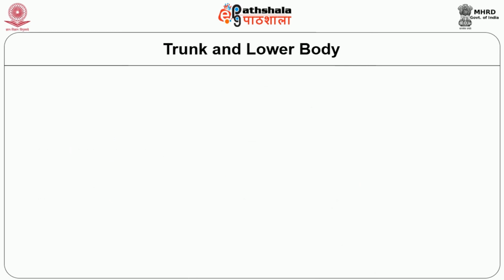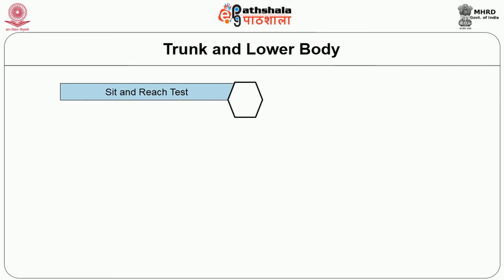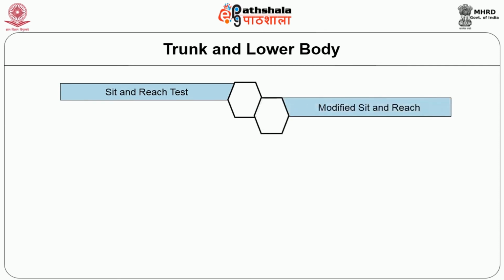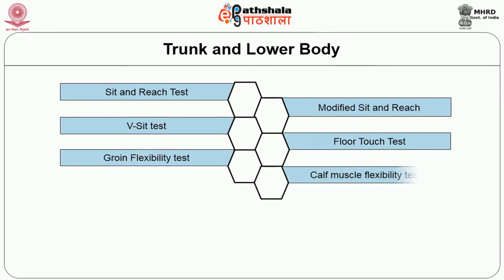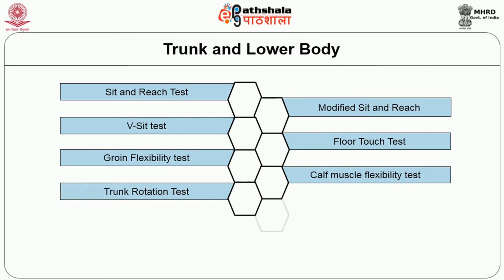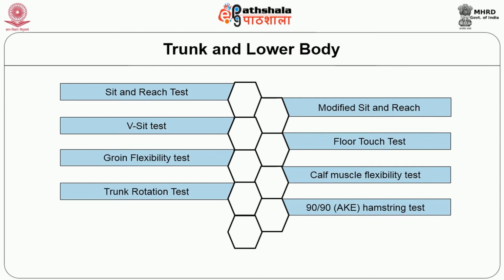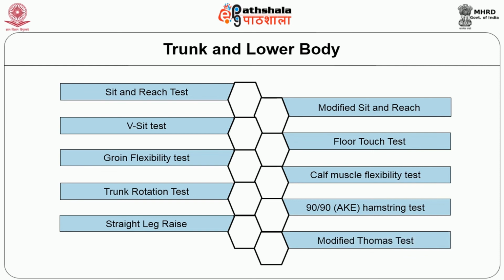Trunk and lower body test. To test the trunk and lower body flexibility, these are the test items: sit and reach test, modified sit and reach test, V-sit test, floor touch test, groin flexibility test, calf muscle flexibility test, trunk rotation test, 90 by 90 hamstring test, straight leg raise test, modified Thomas test.